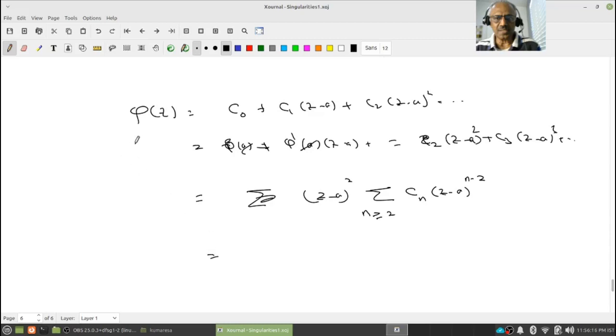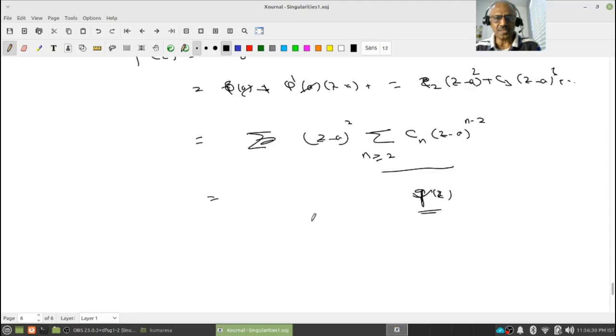So notice that phi is holomorphic, so this entire power series converges. Therefore, if I denote this by g of z, or maybe call it psi of z. Okay, maybe call it g of z. I think that will be good.